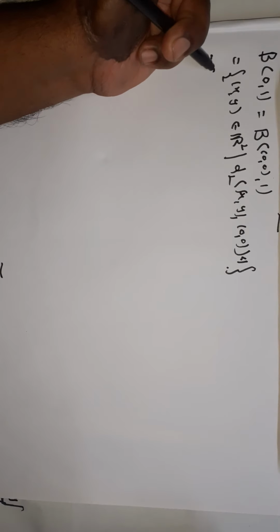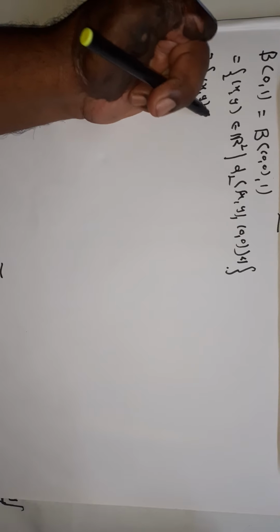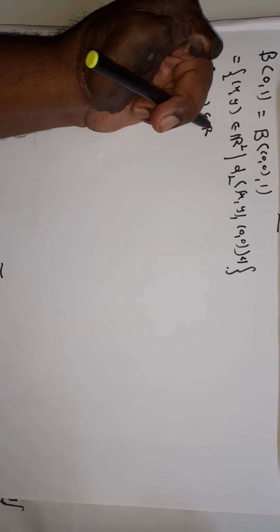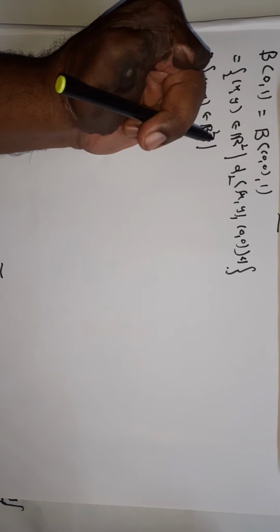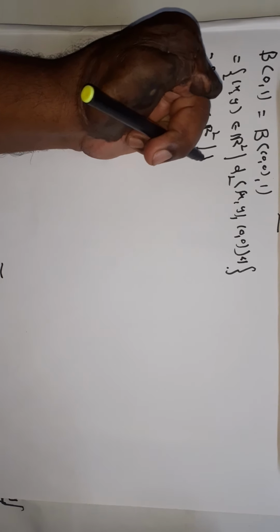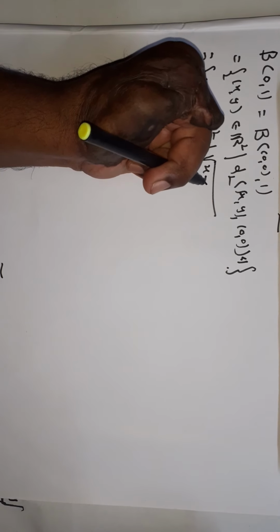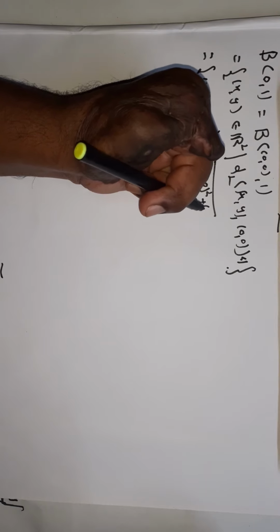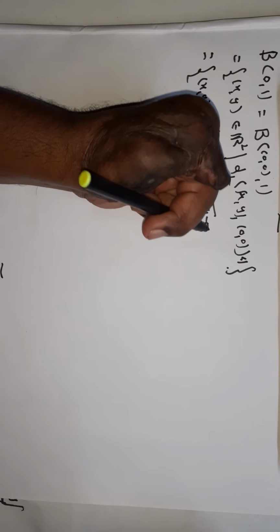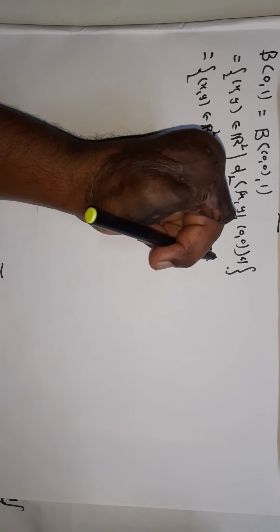Therefore, it is the set of x, y belonging to R2 such that d2 distance between x, y and 0, 0, which is equal to the square root of (x minus 0) whole squared plus (y minus 0) whole squared, is less than 1.